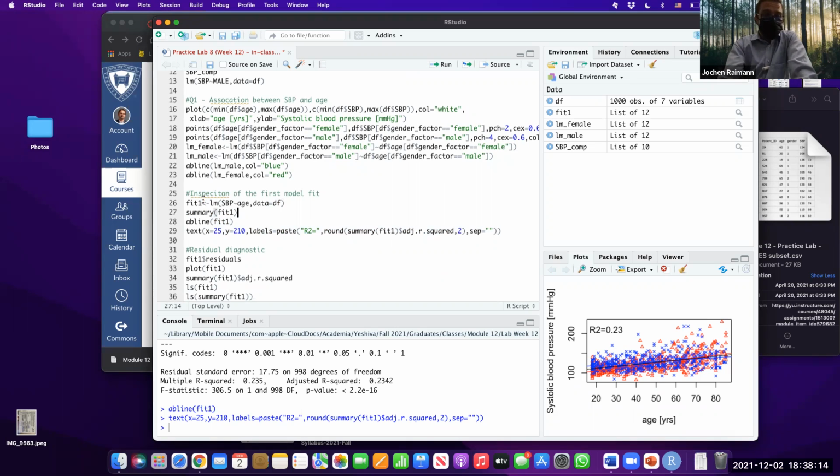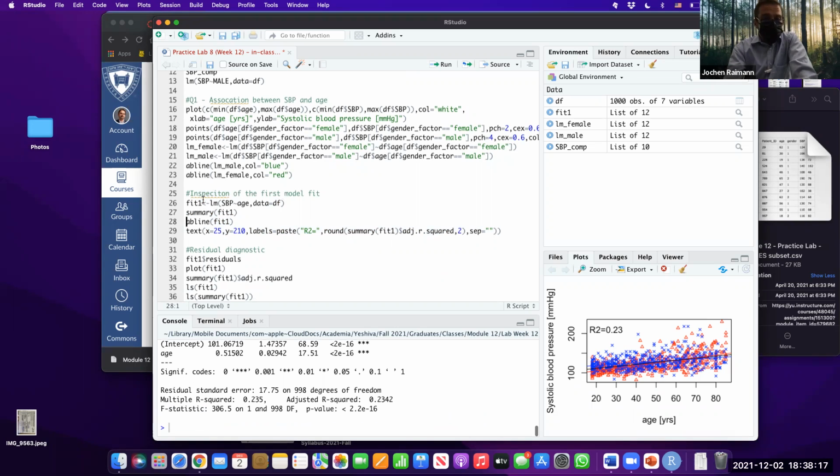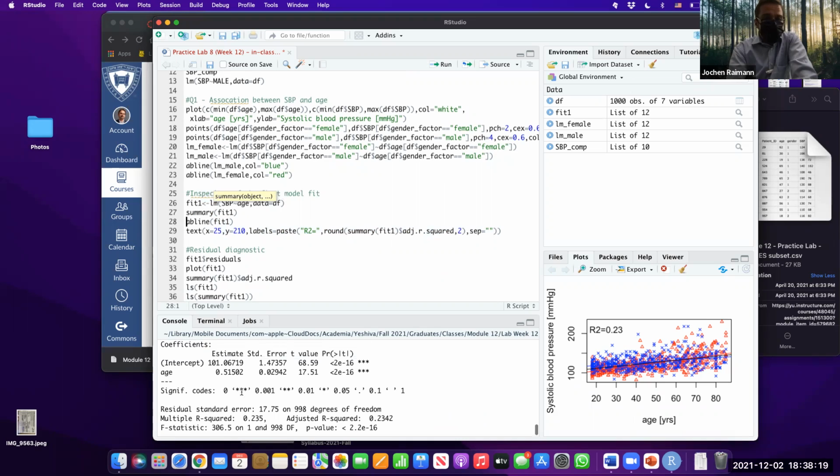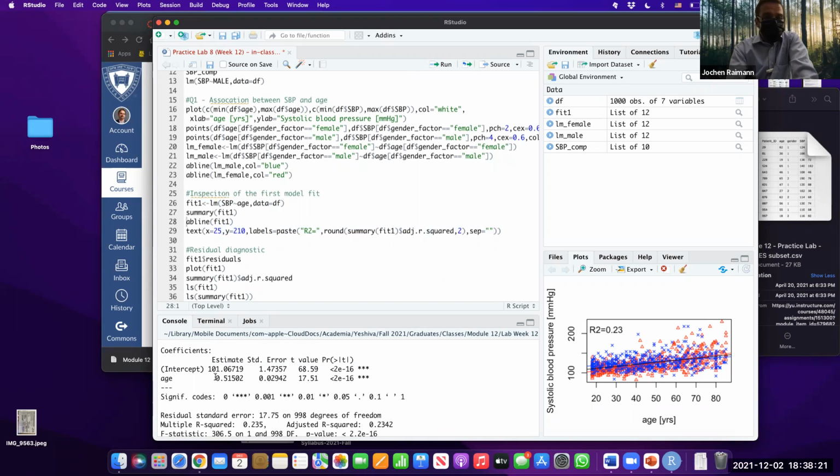You get a summary, and this summary basically indicates that age has overall an increase of 0.51. So it was 0.66 in females, it was 0.33 in males. For the overall population it is 0.51.